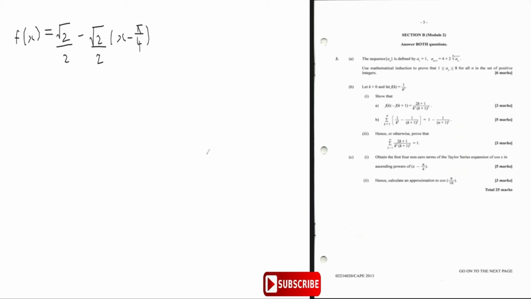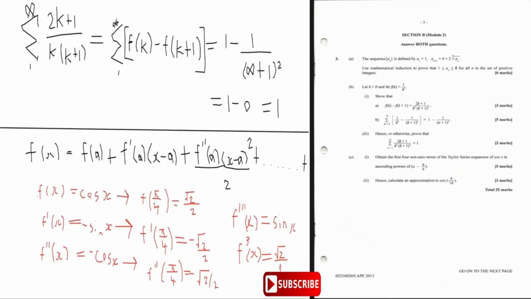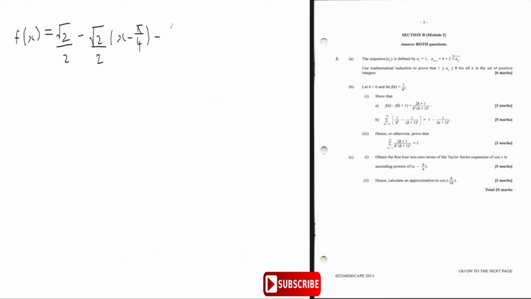Then it is plus f double prime of a. F double prime is minus root 2 over 2 again. So this becomes minus root 2 over 2 times x minus pi by 4 squared, and all of this is divided by 2.